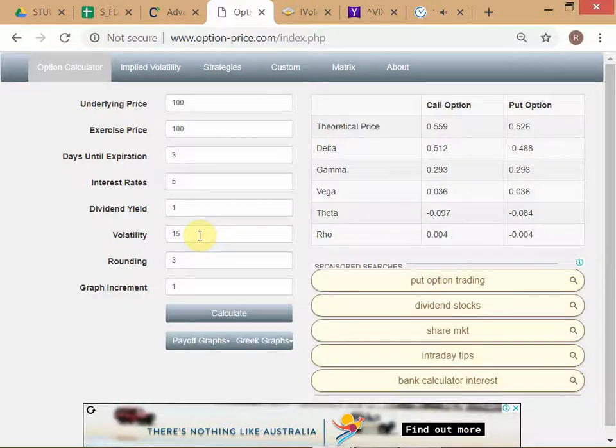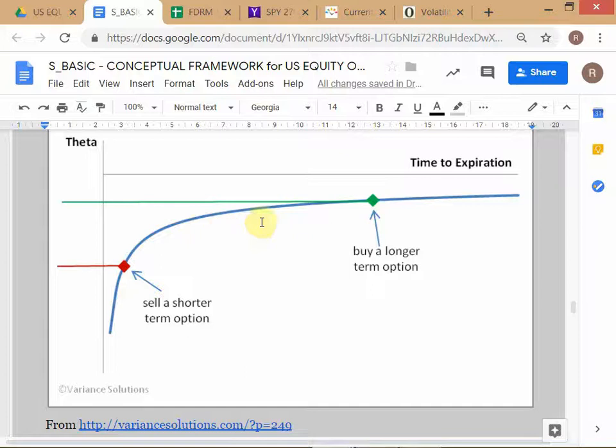So remember, let's take one part of the decision rule, the buying options part. We are saying that you want to be buying longer dated options, one because they have lesser theta, and the second reason is because they have higher vega. So remember, why am I buying options? What is my view on I vol if I'm buying options? Bullish. My view on I vol is bullish.